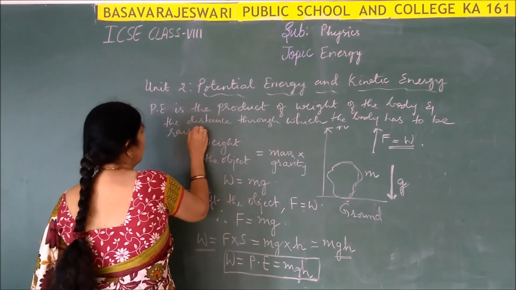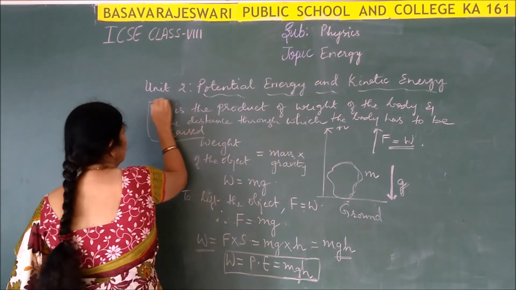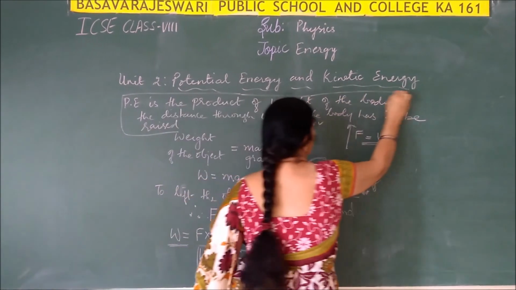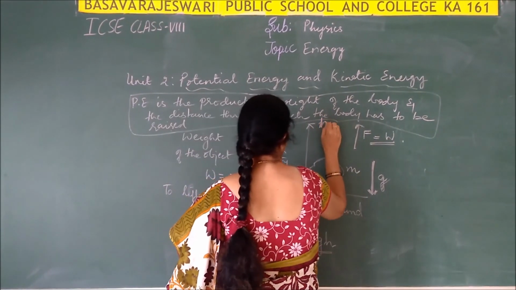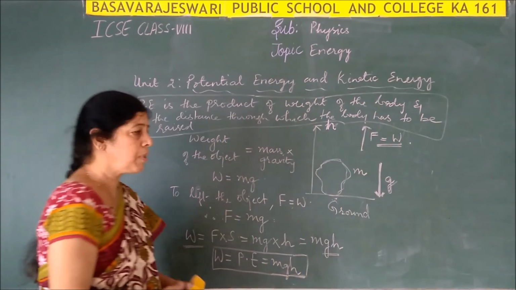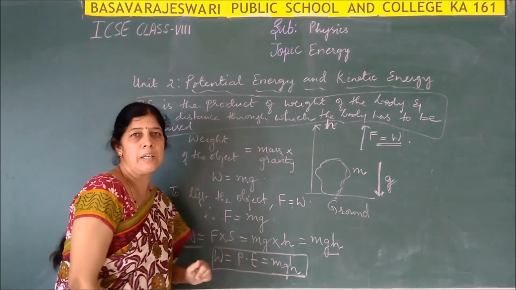So this derivation is given in the textbook also. You can refer to the textbook for the derivation. In the meanwhile, you can note this down. This is the mathematical expression for potential energy.